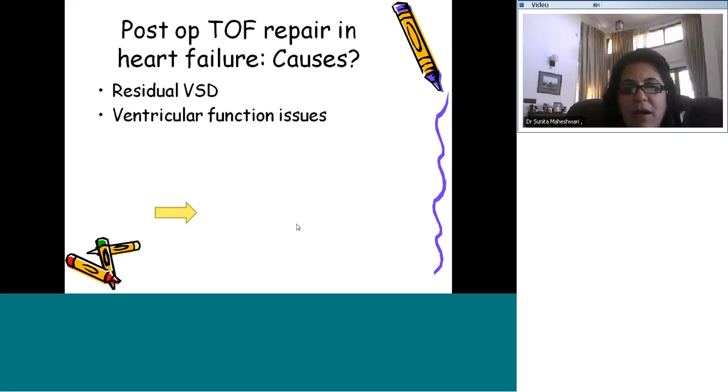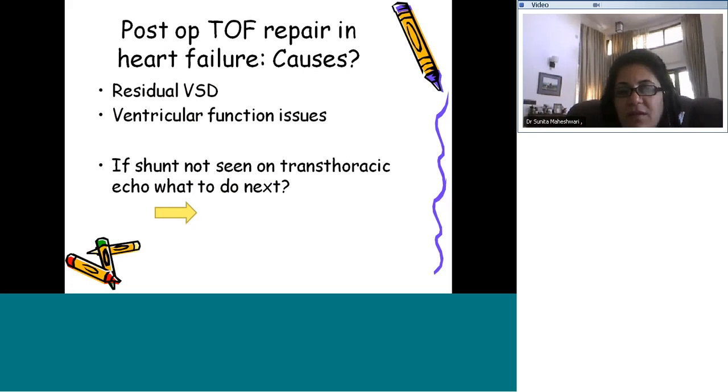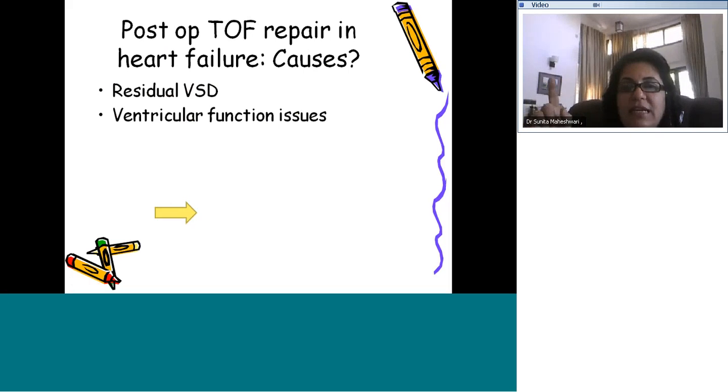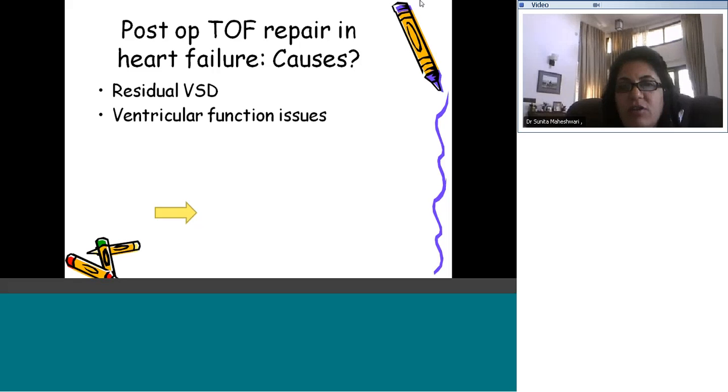Now if you had a MAPCA that did not give you heart failure before surgery, why should it give you heart failure after surgery? This issue comes up very often in the ICU, where you've taken a tetralogy of Fallot patient to the OR. The guy was blue, he didn't have heart failure.